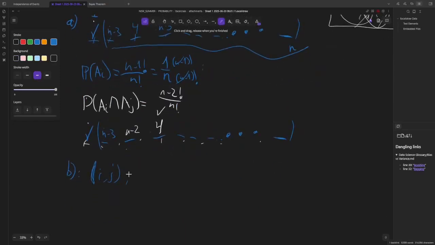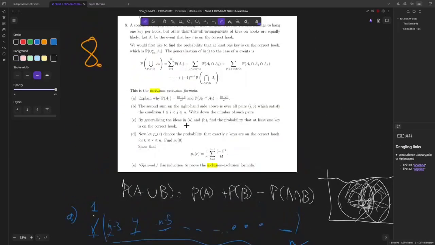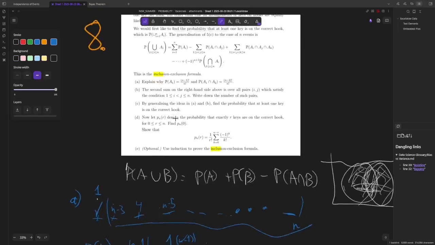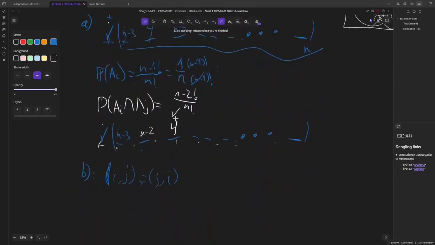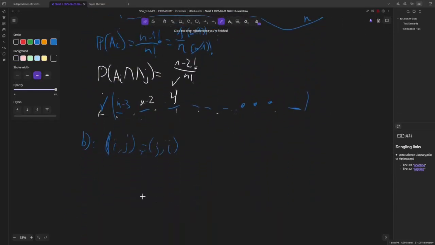Since (i, j) is equal to (j, i), because you're considering subsets, you cannot say, for example, choose position 1 and position 3, and then choose position 3 and position 1. That doesn't work.